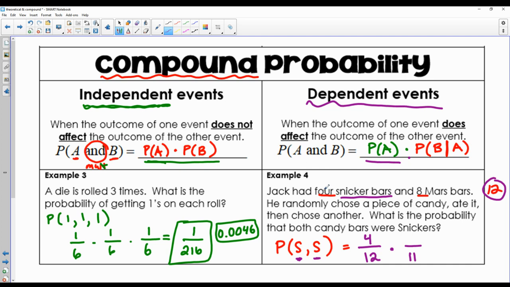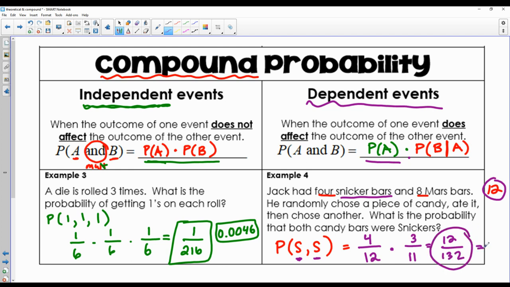So how many Snicker bars are there now? There's only 3. So when we multiply these together, 4 times 3 is 12. And 12 times 11 is 132 right there. So this would be a good answer.